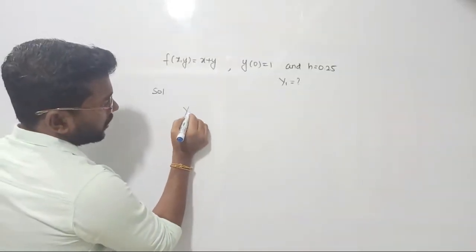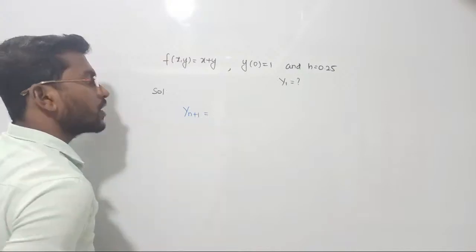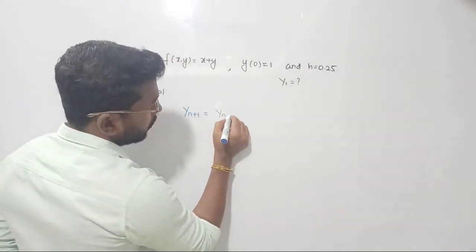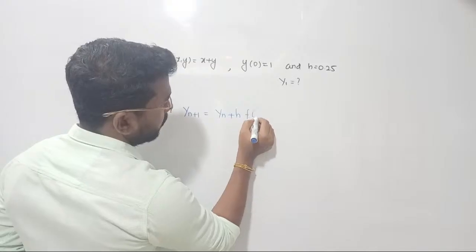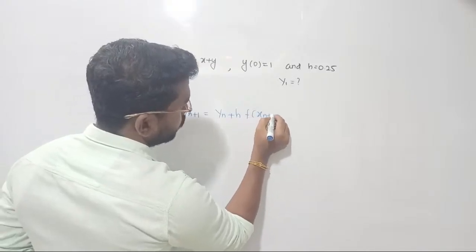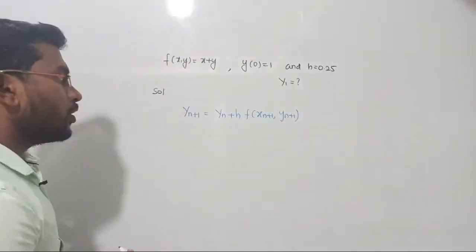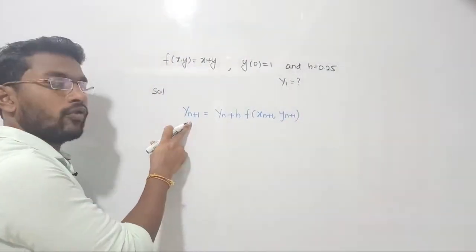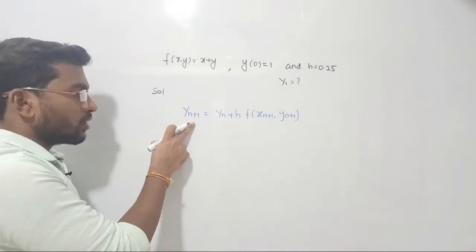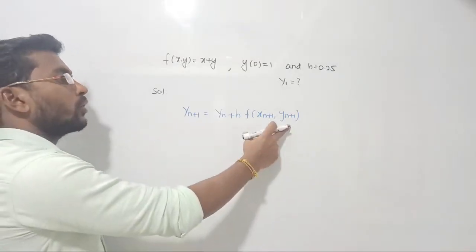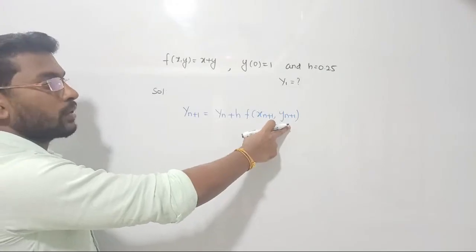Modified Euler method: yn plus 1 is equal to yn plus step size h into f of xn plus 1 comma yn plus 1. Already I told you, actually we are trying to obtain the value of yn plus 1 only. We need yn plus 1. Then how can you substitute yn plus 1 here? That's a problem here, right?